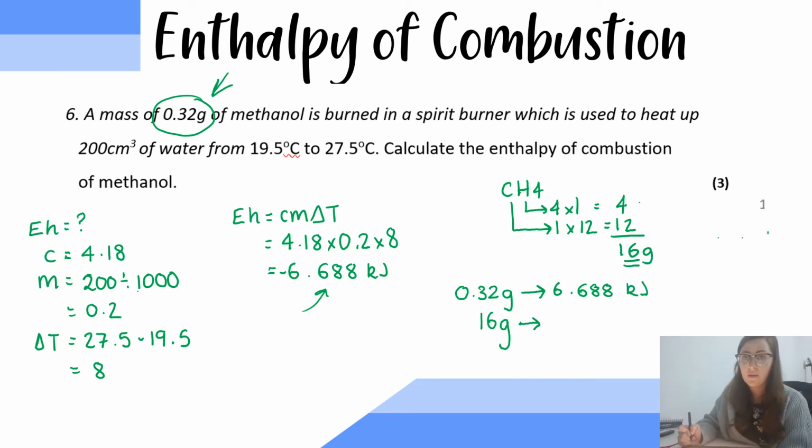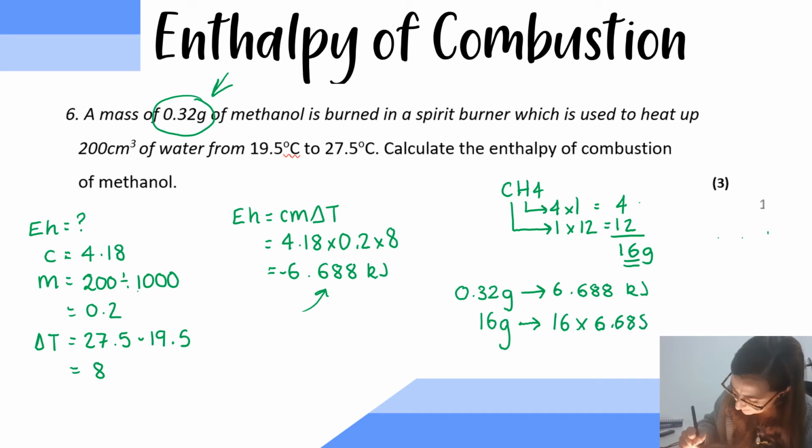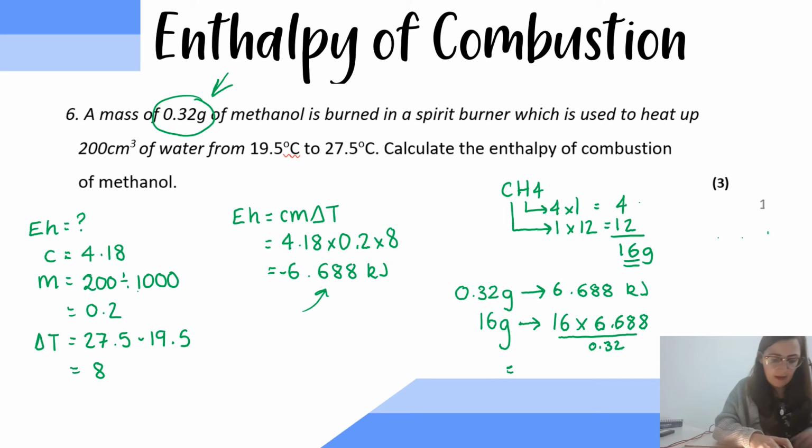So to work out how much energy would be released when I burned 16 grams or 1 mole, you cross multiply, so 16 times 6.688, and you want to divide that by 0.32. So I'm timesing across and dividing by the one that's left. 16 times 6.688 divided by 0.32.